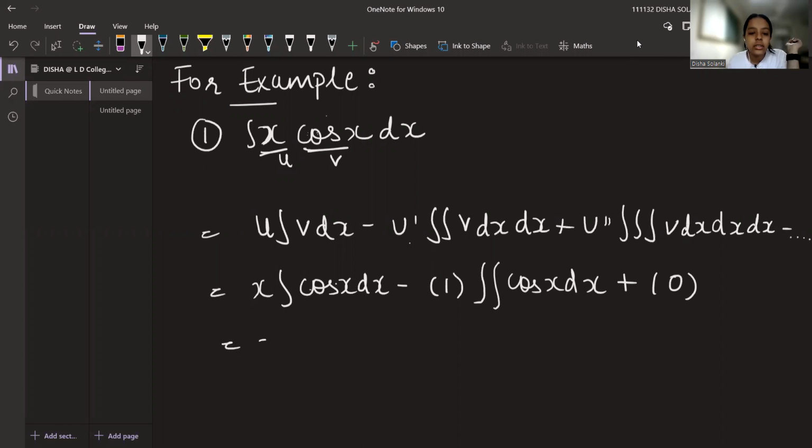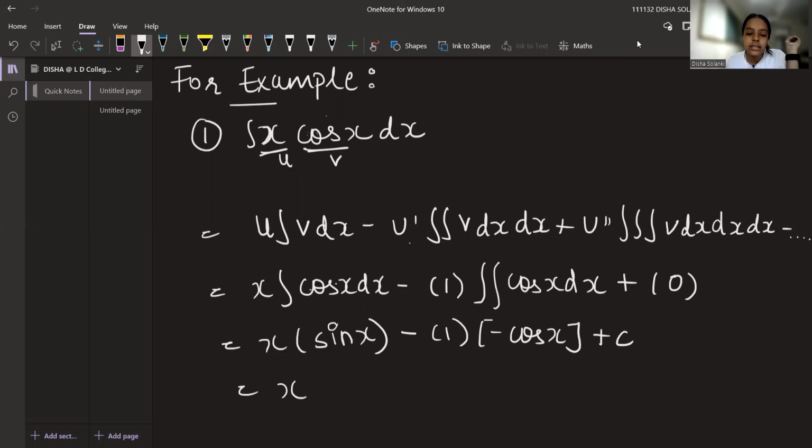So we will solve this: x and integration of cos x, that is sin x, minus, here it is 1, and integration of cos x is sin x, and then integration of sin x, which is minus cos x, and plus c as we have applied the integration. So our final answer is x sin x, minus minus plus, so plus cos x plus c. This is our final answer.